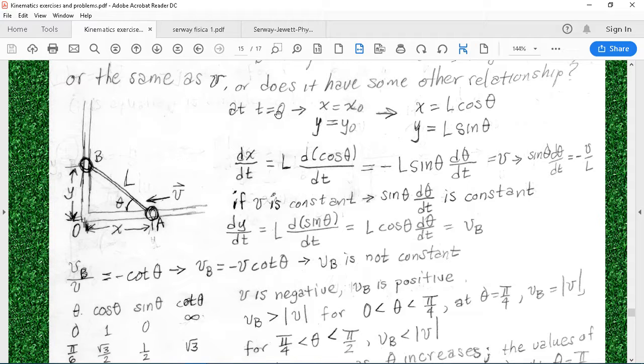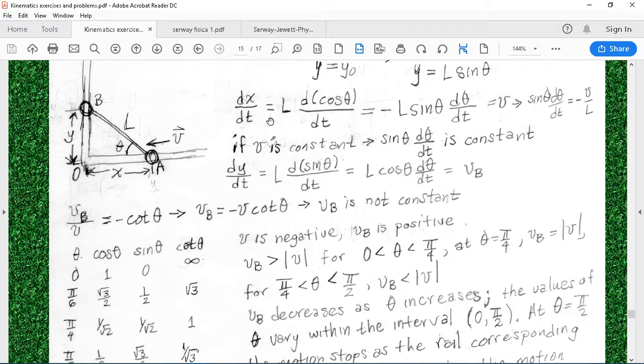Okay, so at t equals 0, x equals x0, y equals y0. From the figure, you can notice that x equals L cosine theta and y equals L sine theta.